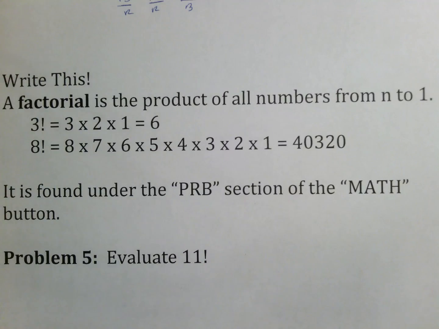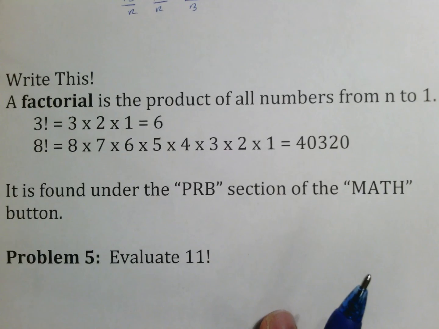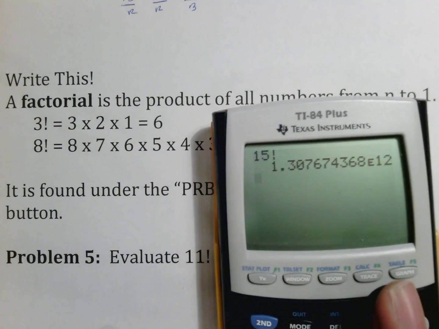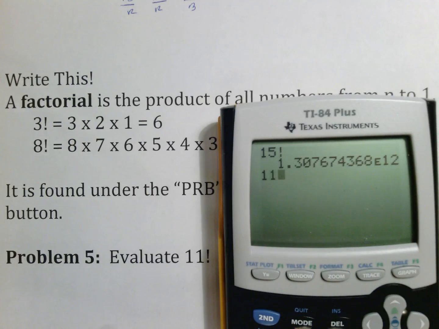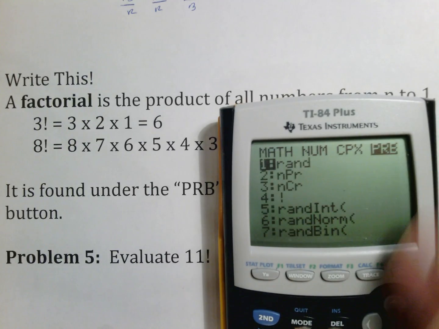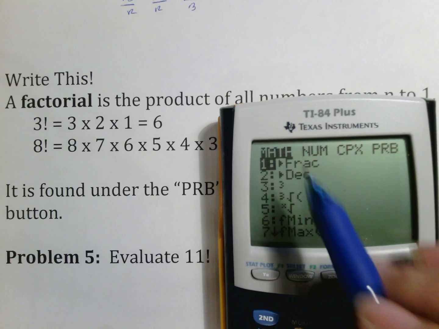So bottom line, you're going to have to know how to do this on today's work, so make sure you know how to find that. If you don't know how to find that later, make sure you say something to me so I can try to help you. But in order to evaluate 11 factorial, and this is going to be a question you're going to see today as well as on the test, you simply type 11, math, go over to the probability version, because notice how this moves across.